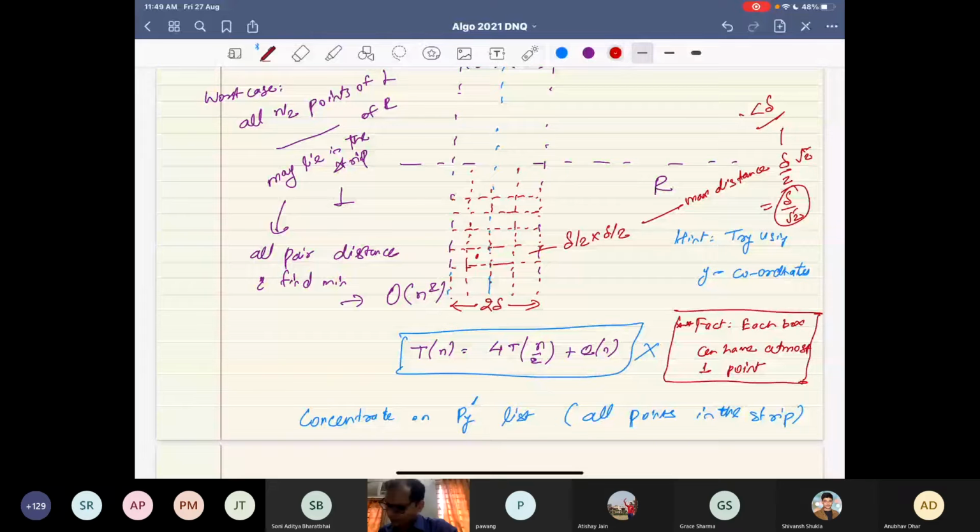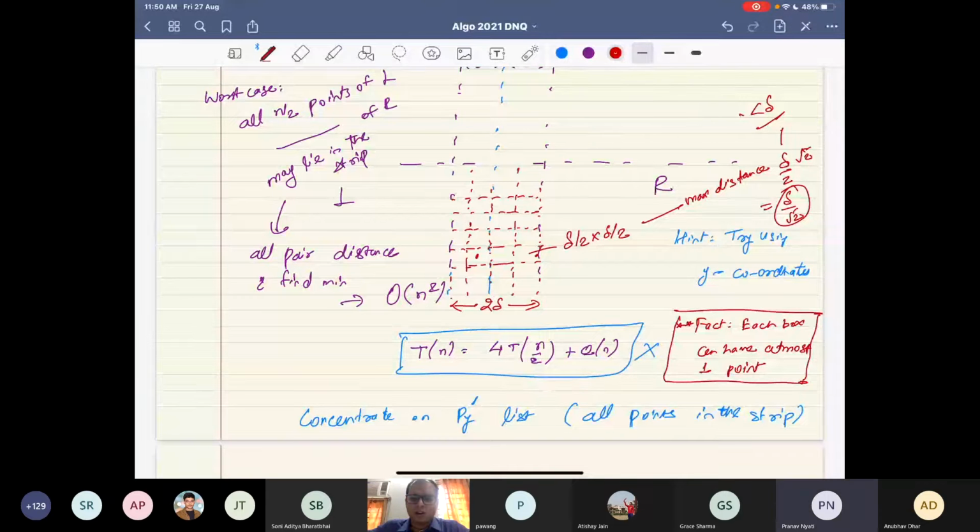Sir, how will we take the boundary conditions into account? If a point lies on the boundary of a box, in which one do we consider it? It doesn't matter. Make an arbitrary choice: if it is lying at the boundary, consider it in the left hand side box, or the box that it can come in. Doesn't matter.